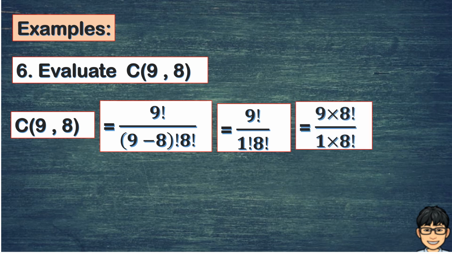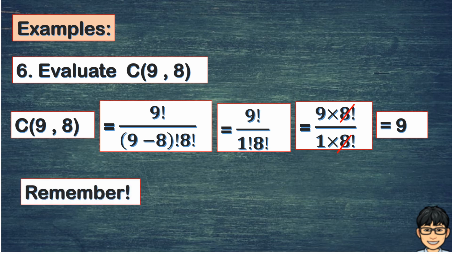To simplify, we have 9 times 8 factorial all over 1 times 8 factorial. And then, let us cancel out 8 factorial. Ang natira is 9 divided by 1, which is equal to 9.